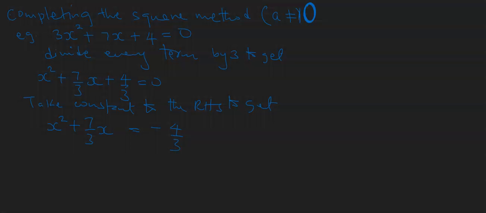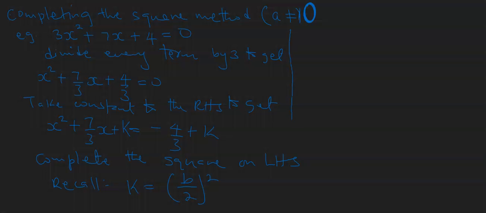Then we need to add a k to both sides so that we complete the square on the left hand side. Recall that k is the same as b over 2 squared.